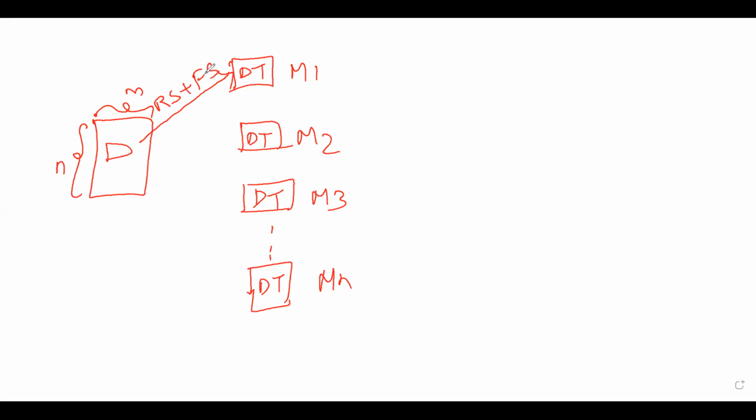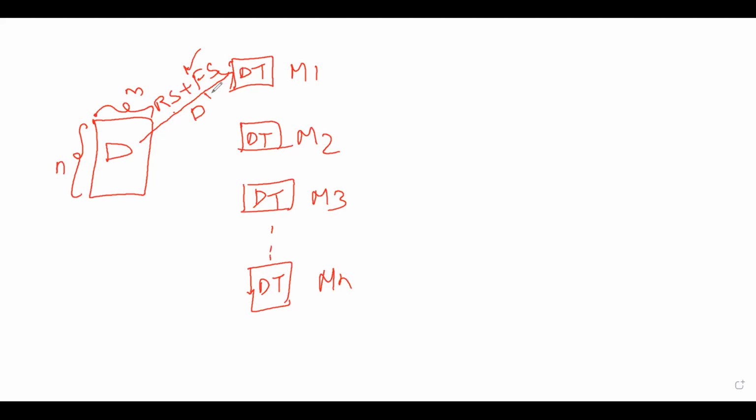Initially I pick some sample of rows, RS, row sampling, with replacement. Definitely remember row sampling with replacement. Similarly, I pick some columns, which we call a feature sample. We consider this as the sample data set, D dash.